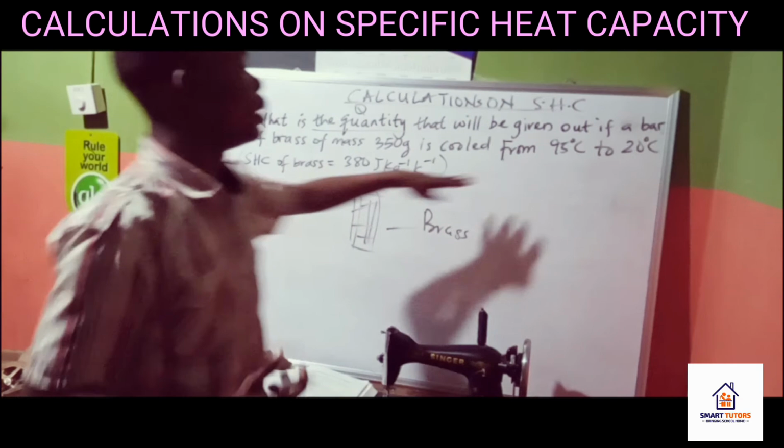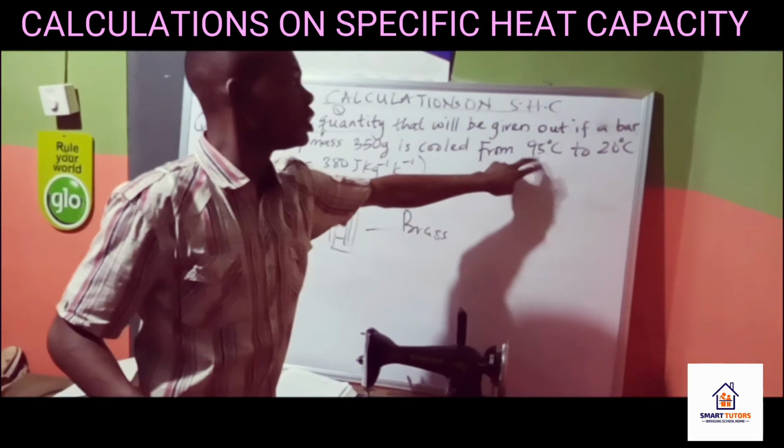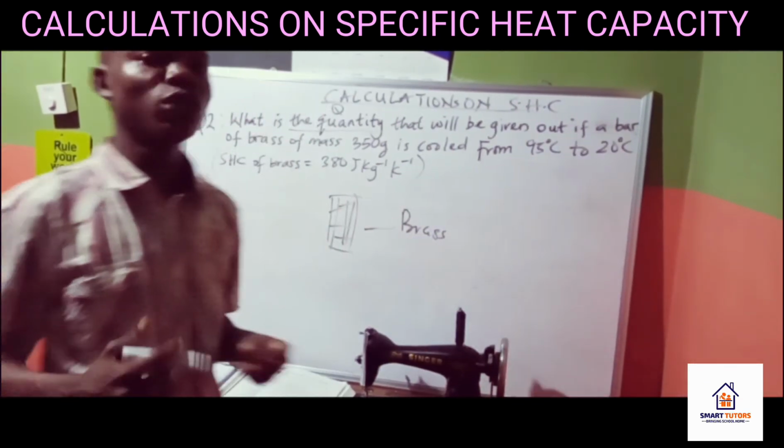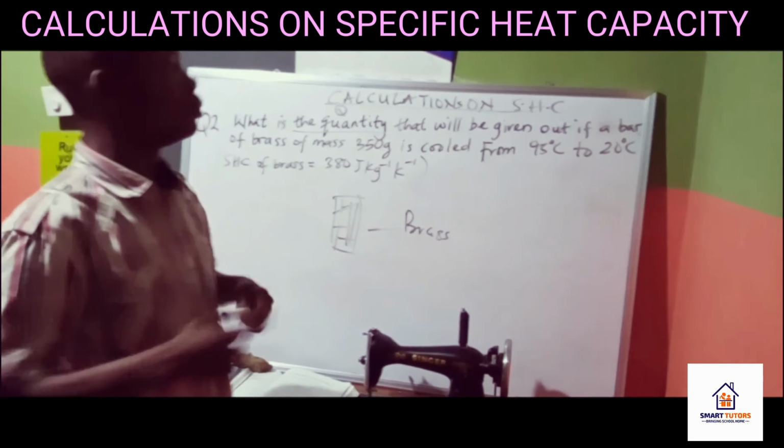Brass is a metal. If you cool a particular metal from this temperature to this temperature, what is the quantity of heat energy that will be given out?